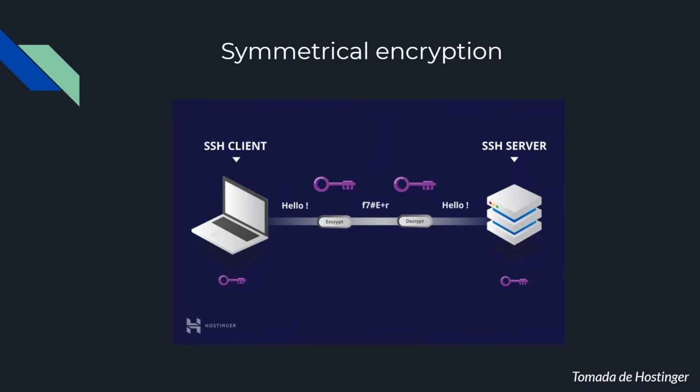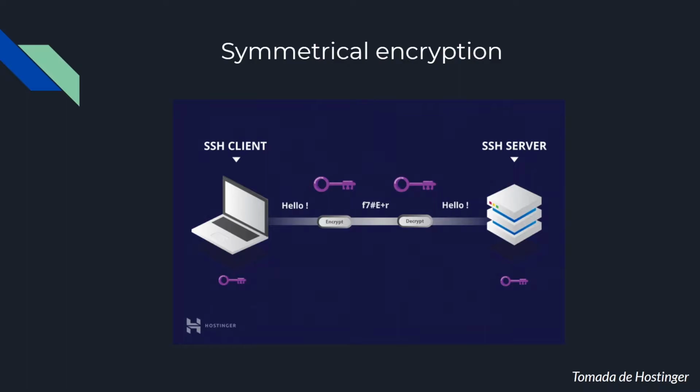As I'm telling you, it uses a secret key for both client and host. As you can imagine, anyone who possesses the key can decrypt the message being transferred. So symmetric encryption is also called shared key or shared secret encryption. There is usually one key that is used.